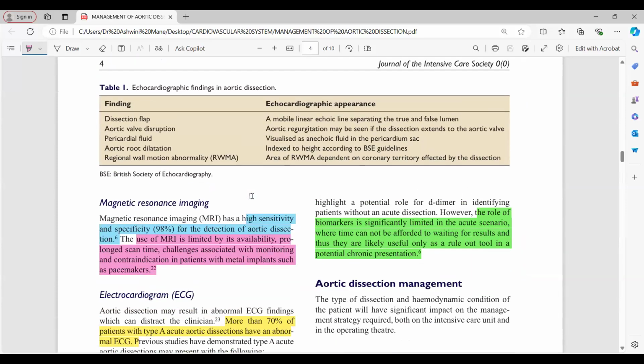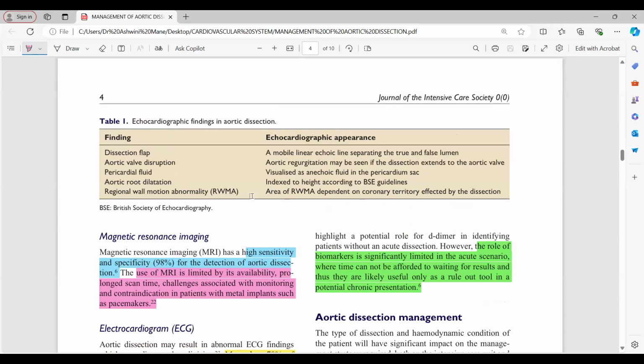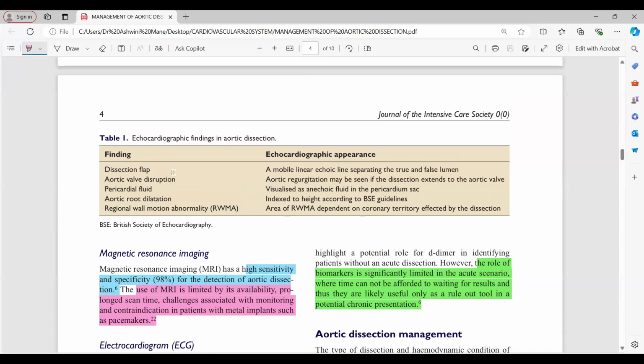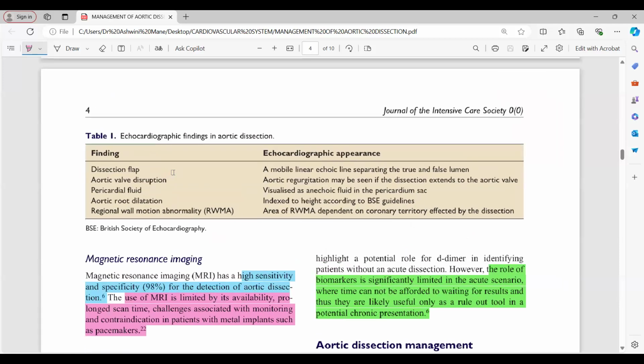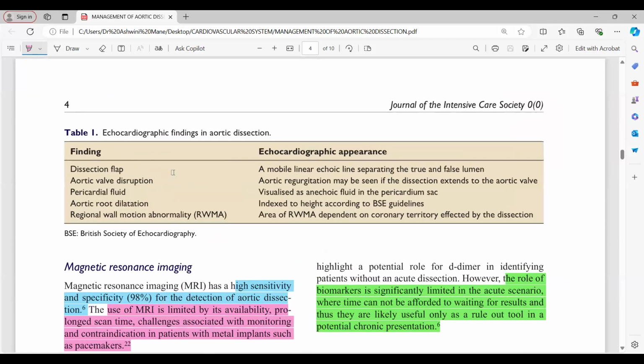So the echocardiographic findings in aortic dissection include a dissection flap, and the echocardiographic appearance includes a mobile linear echoic line separating the true and false lumen, then aortic valve disruption. Aortic regurgitation may be seen if the dissection extends to the aortic valve.